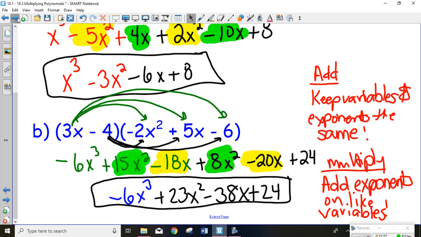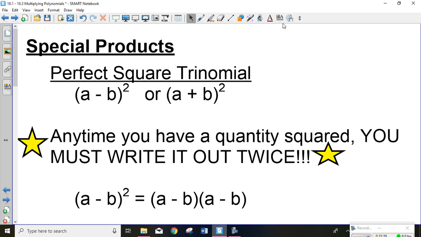So, one last thing, and these are special cases. When I've been teaching people in class that have gotten to this lesson before I had the video done, the question I keep asking them is, what does something squared mean?